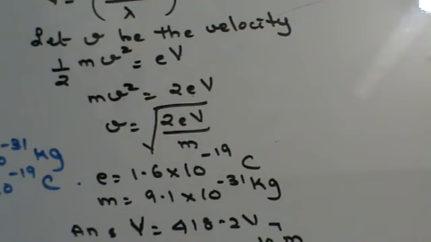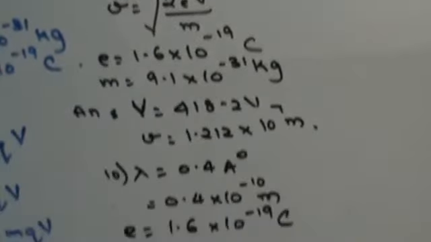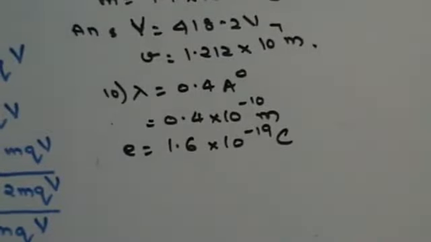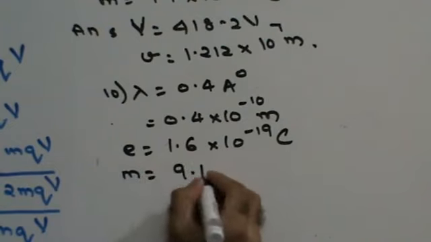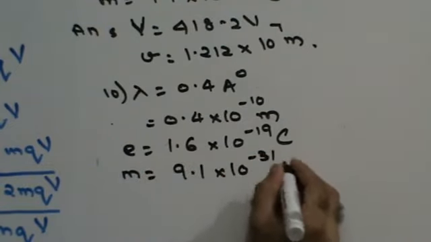If the charge on electron is 1.6 into 10 raised to minus 19 coulombs and the mass of electron is 9.1 into 10 raised to minus 31 kg.